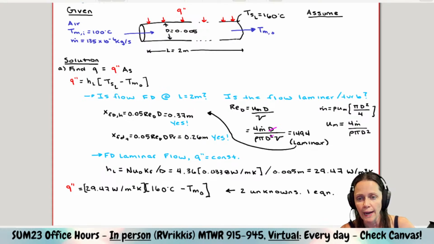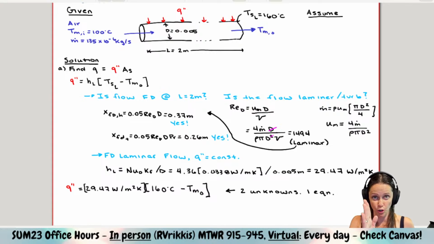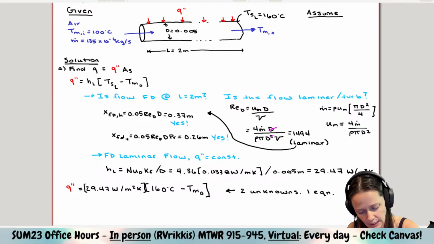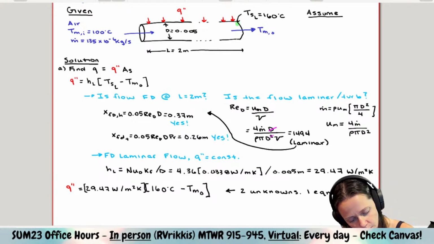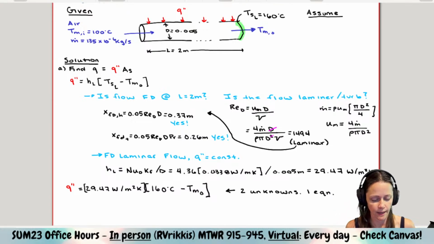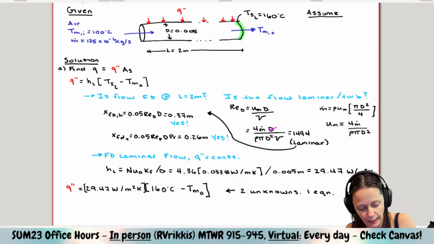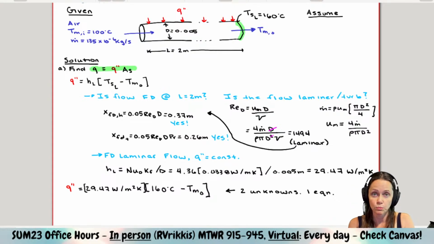So why at the outlet? Isn't it the rate entering? So we are defining the heat flux at a particular cross section. We're defining that heat flux right here. And then we're relating that back to Q for the entire thing, for the heat transfer rate in general, for the entire control volume.